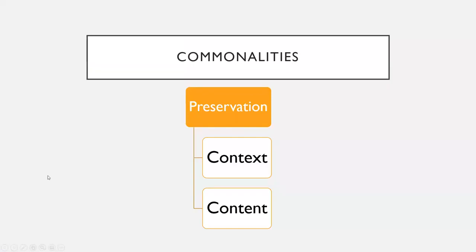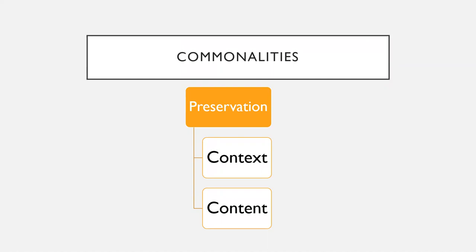Okay, so what's common is, at the end of the day, the preservation of both analog and digital records involves the preservation of the context of the record and the content. So to go back to this idea of significant properties or significant characteristics, these, generally speaking, are the significant properties or characteristics of a record.